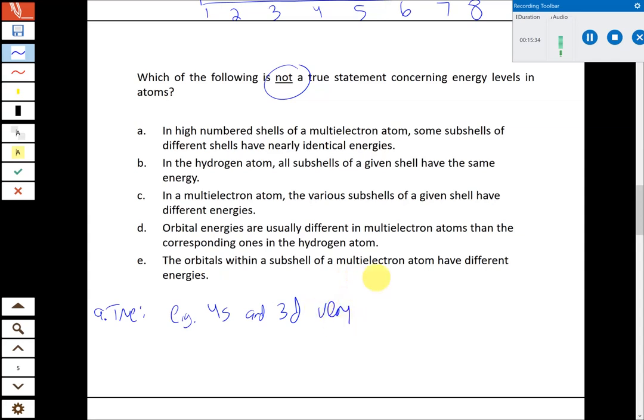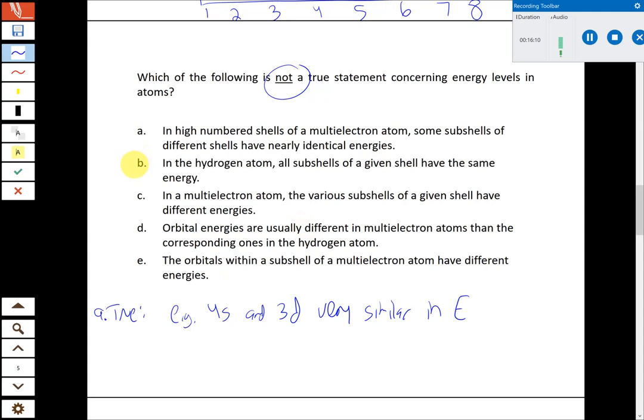That's why there are a couple of exceptions with chromium and copper, where it's sometimes possible to promote one electron from 4s to 3d. And it happens a lot further down as well: 5s and 4d, 6s and 5d, and the consecutive f blocks of the 5d and the 4f that are next to each other. All these higher energy subshells that are next to each other are very close in energy. So that one's certainly going to be true.